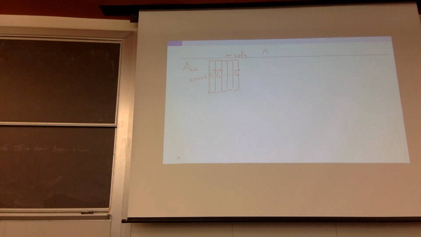So then this A can be expressed as a vector like this: C1, C2, and so on. Each Ci here has a size of u times 1. Okay, it's a vertical vector.